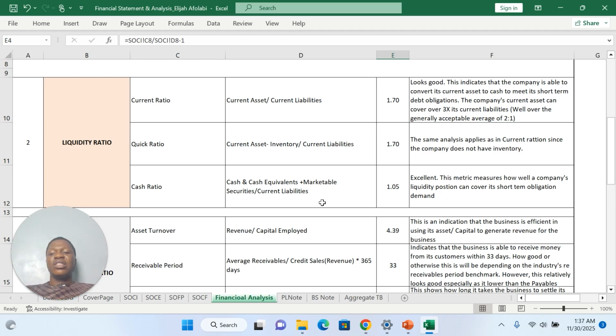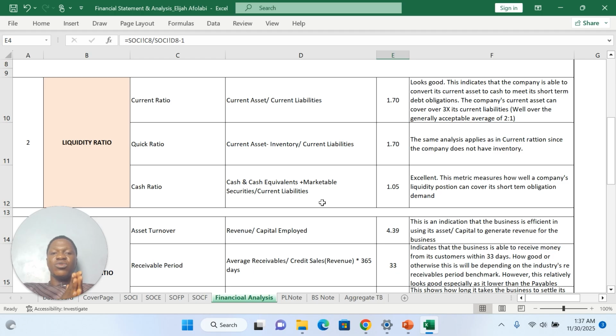Then the next one is quick ratio, because current ratio uses the entire current assets. Quick ratio is now saying that inventory, that is the stock of goods you have, you may not be able to convert to the equivalent cash due to so many reasons. So it's saying that we need to recalculate the current ratio by first deducting inventory from the current assets. That's why the formula is current assets minus inventory over current liabilities.